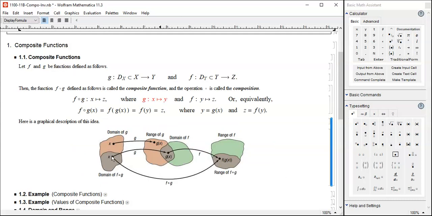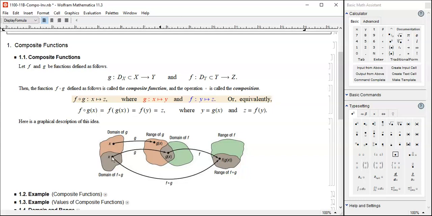From x, we go to y via g, and from the same y, we go to z via f. Okay? First one, g, x to y, that's highlighted in red. And second one here, y to z, that one's now highlighted in blue.